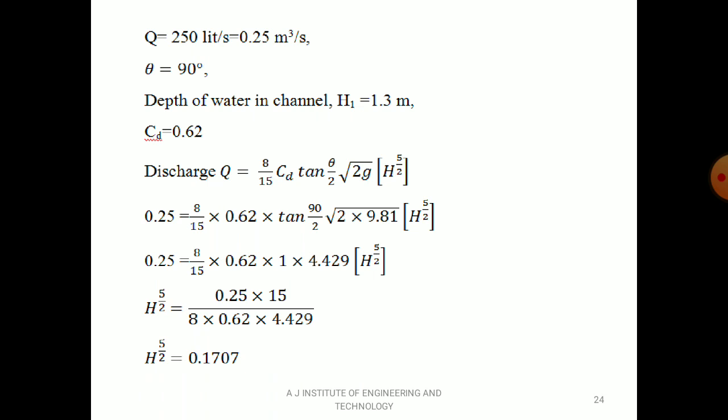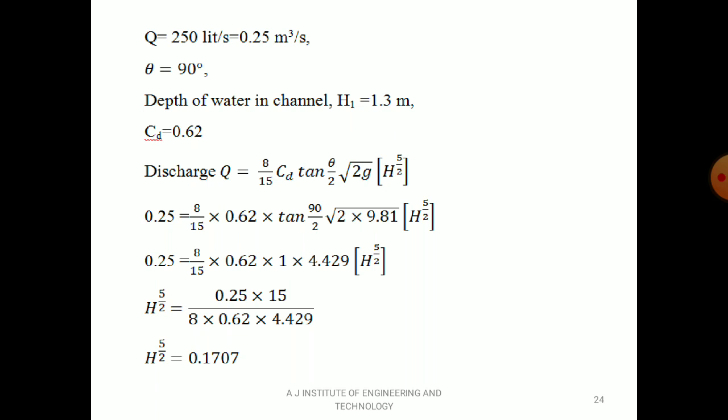Therefore the discharge for a triangular notch is Q equal to 8 by 15 CD into tan theta by 2 into square root of 2g into H to the power 5 by 2. Q we know, that is 0.25, equal to 8 by 15 into 0.62 into tan theta by 2, which is 1 because tan 45 is 1, into square root of 2 into 9.81, which is 4.429, into H to the power 5 by 2.